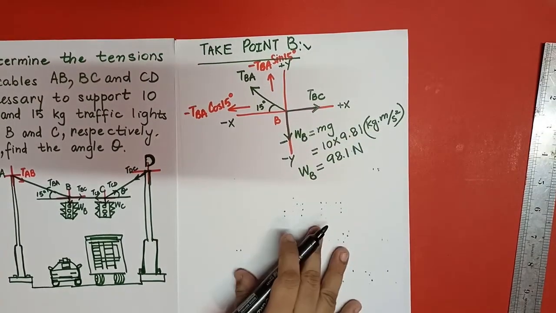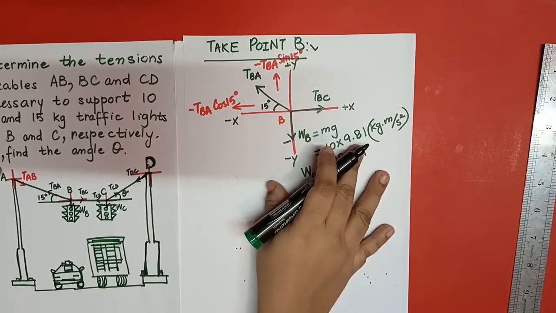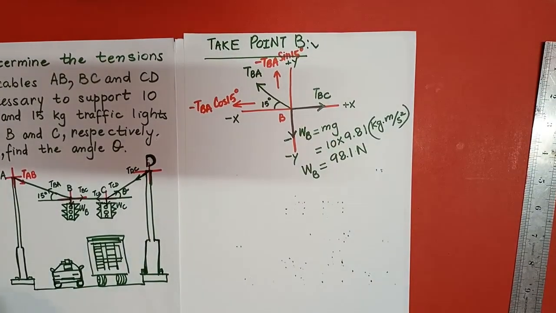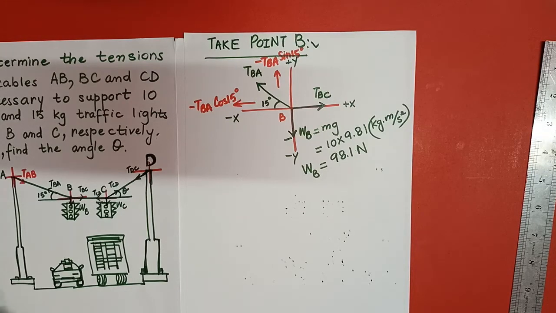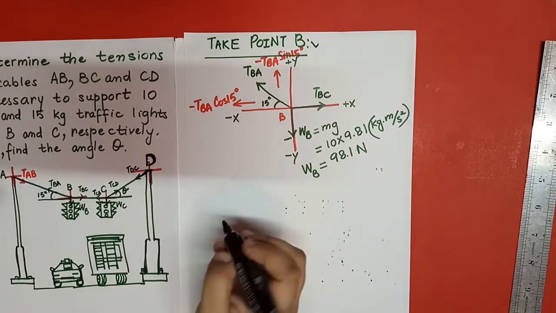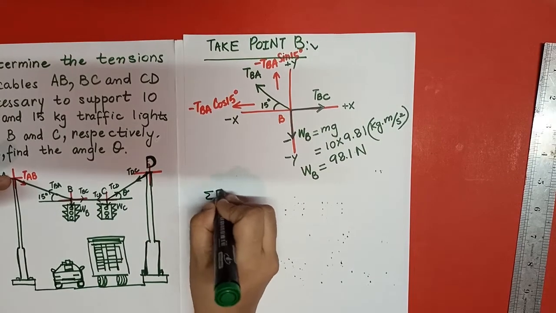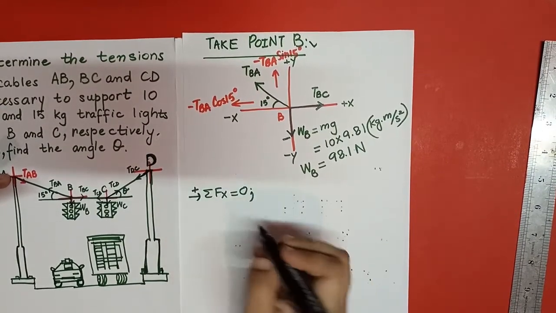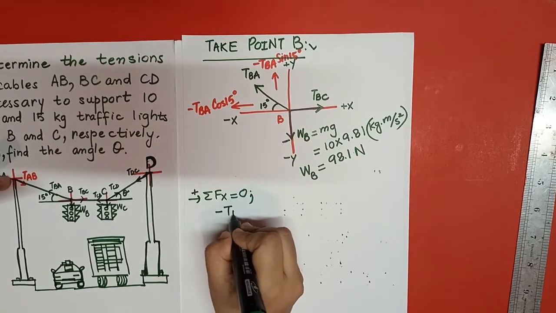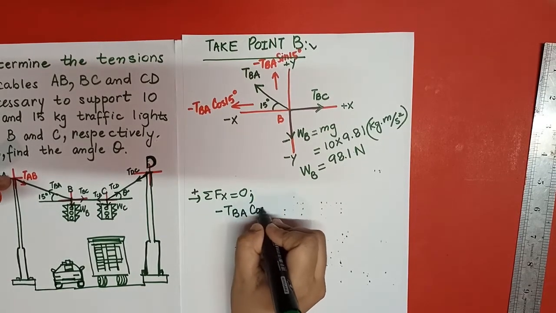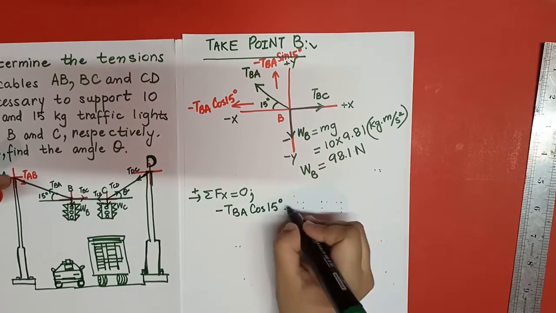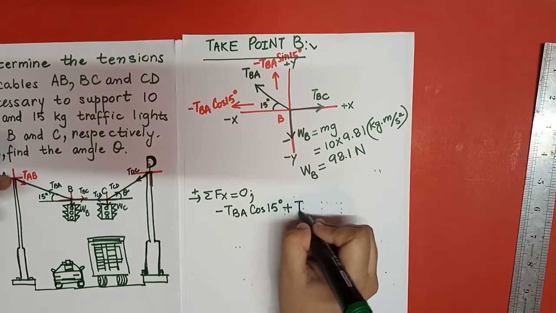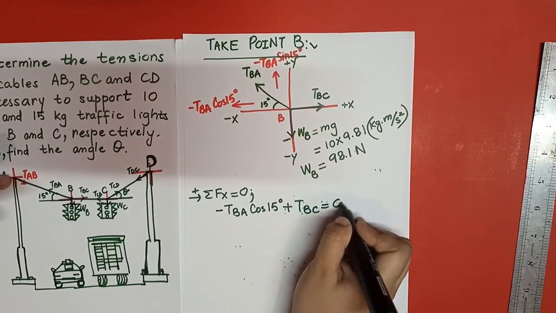So next, I have to sum up all the forces: horizontal forces equals 0 and vertical forces equals 0. Summing the horizontal components equals 0, it will be like this: minus TBA cos of 15 degrees plus TBC equals 0.